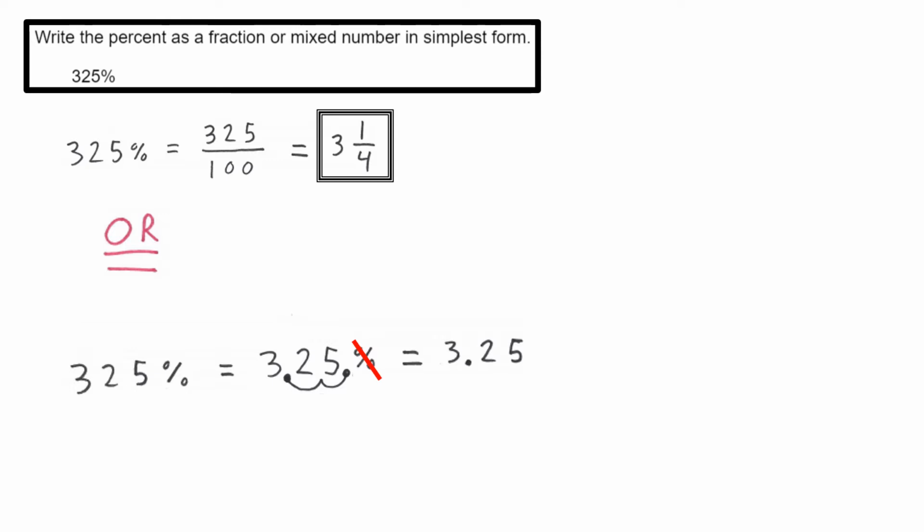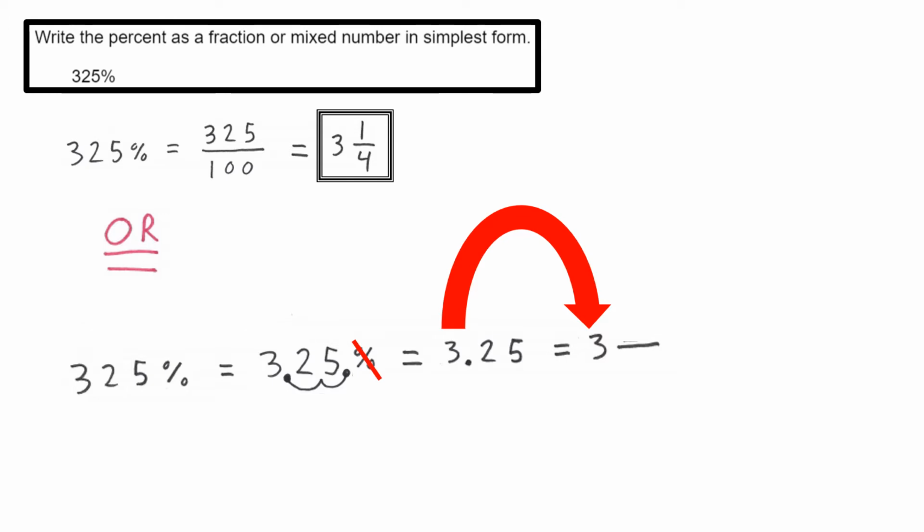In several situations, we could just leave this as 3.25, but recall the directions tell us to leave our answer as a fraction or mixed number. So to do that, we recognize that the whole number part, the 3, will be the same in the decimal and in the fraction form. Now we have to figure out what goes up top.